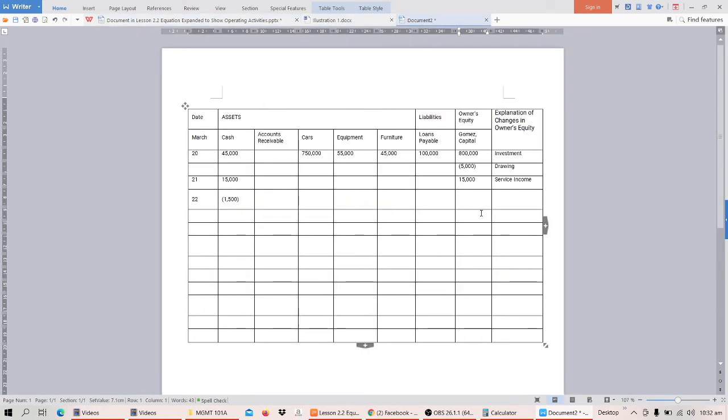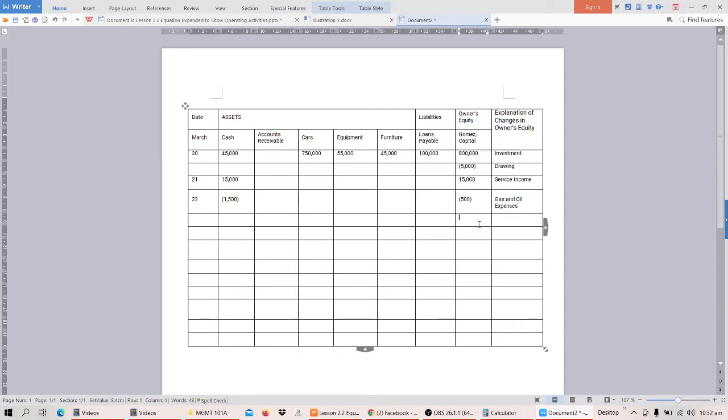So we put here 500, this one is your gas and oil expenses, and another 1,000 pesos as your repair expenses.